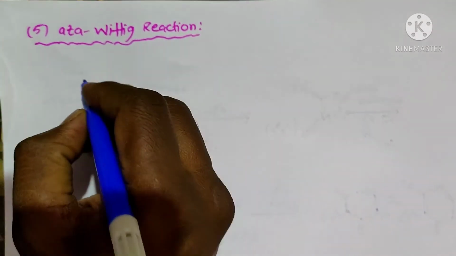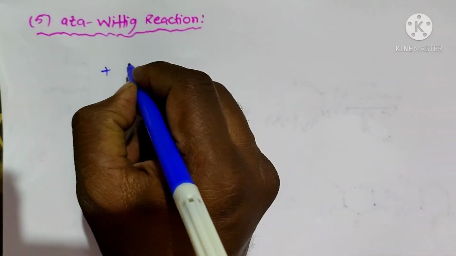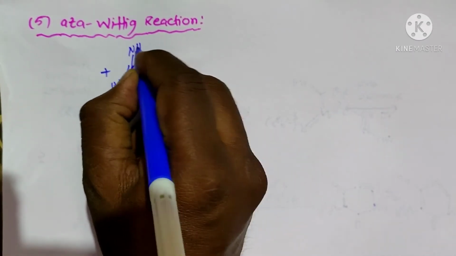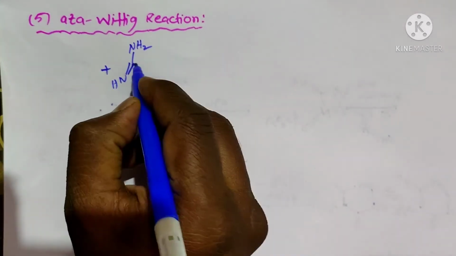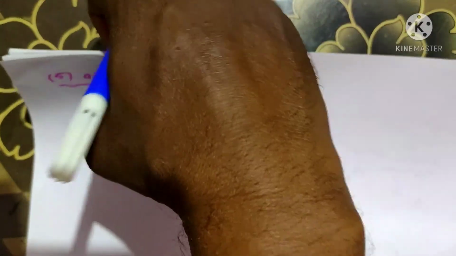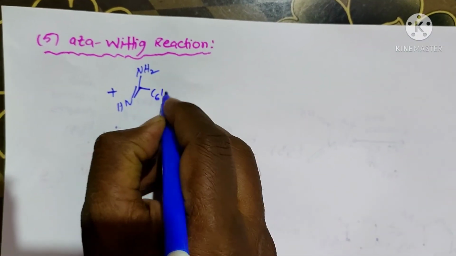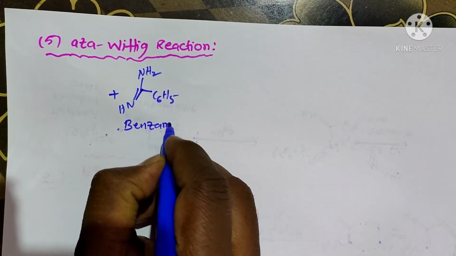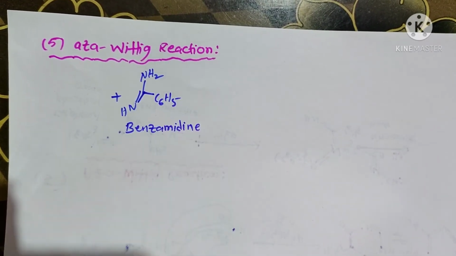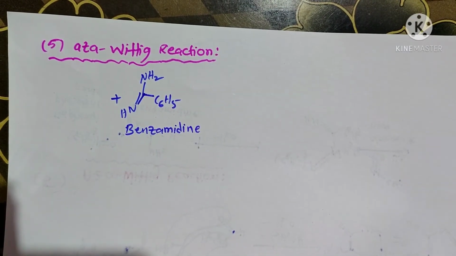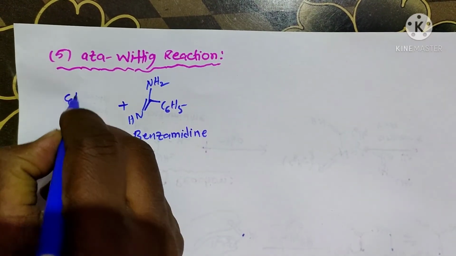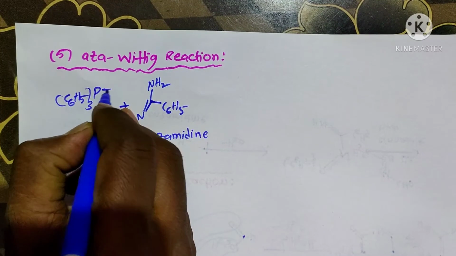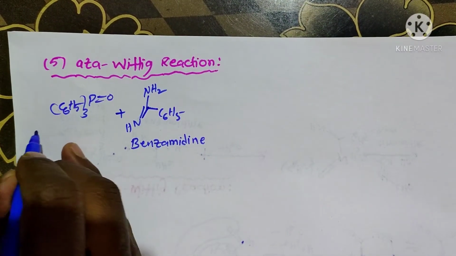So here we make use of the benzimidine. We know very well that this is imidine, and if we write the phenyl group here, that becomes the benzimidine. So here we write the C6H5. Now it is benzimidine, and we react this benzimidine with triphenyl phosphine oxide, (C6H5)3P, this is triphenyl phosphine, and if you write oxygen, that becomes the triphenyl phosphine oxide.